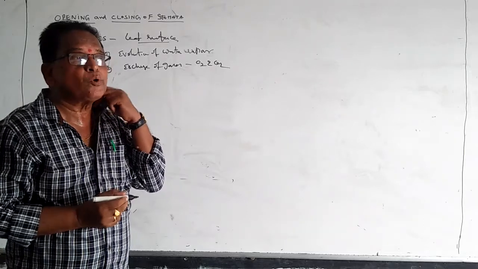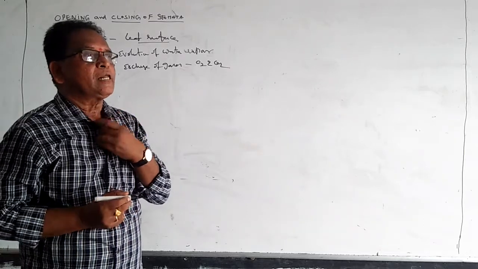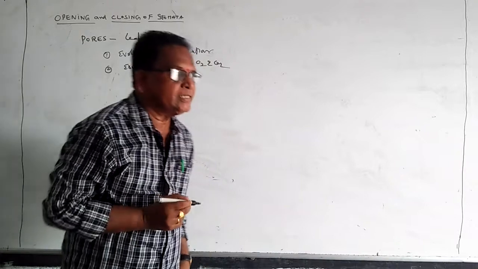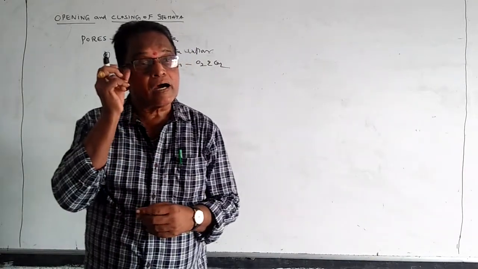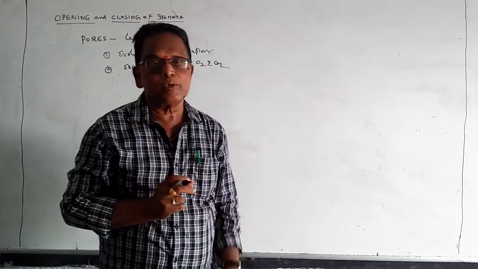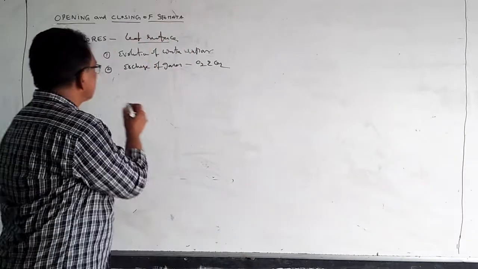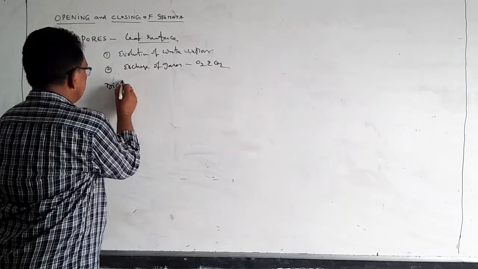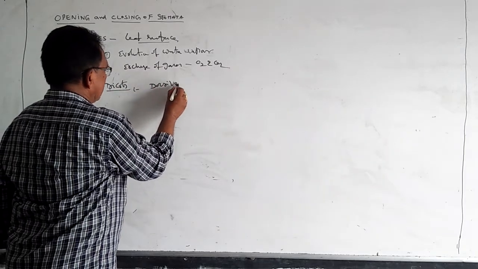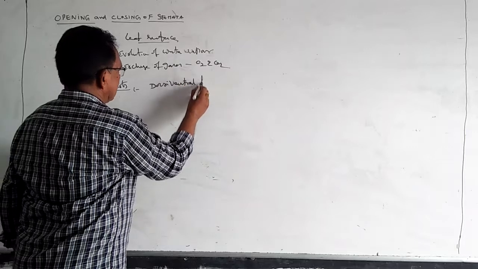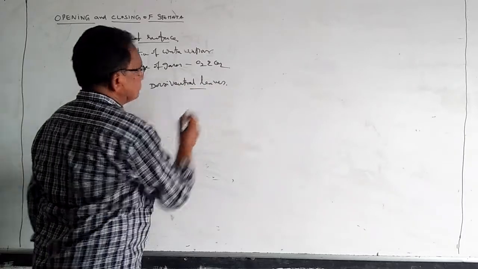And these pores are normally present on both the surfaces of the leaf. That is, they occur on the upper epidermis and lower epidermis. In most of the dicots, the leaves are described as dorsiventral leaves.